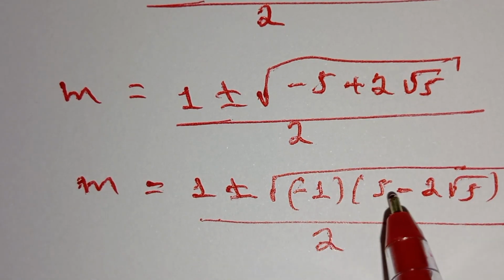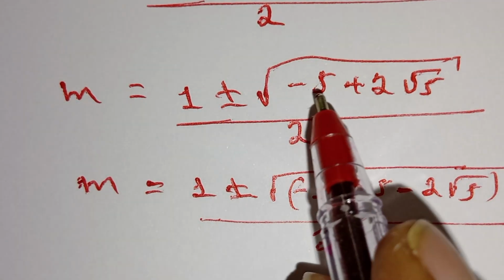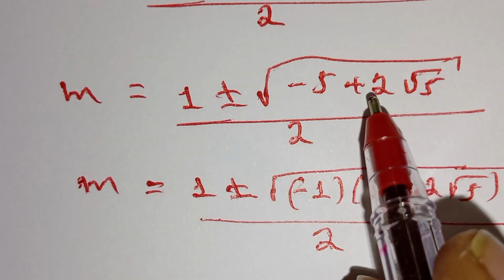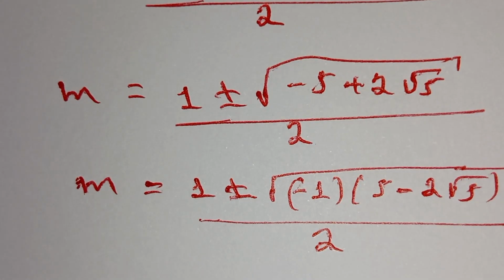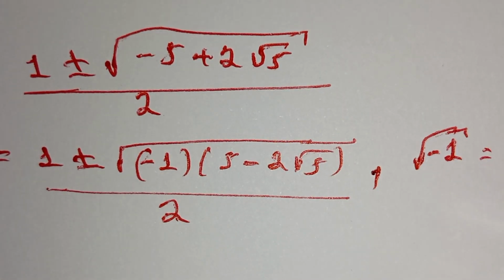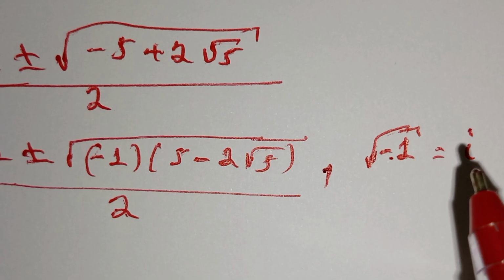Since it's minus 1 times this 5, negative 5, and minus times this negative becomes plus. And the radical of minus 1 means i, a complex number.